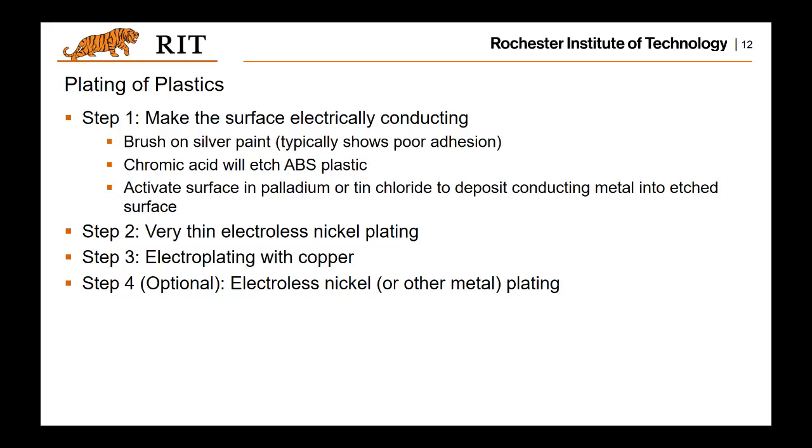The final step is to put on another electroless nickel plating, or not. That's an optional step. But with this, the plastic part can be electroplated for some applications, like the one shown in the previous slides.